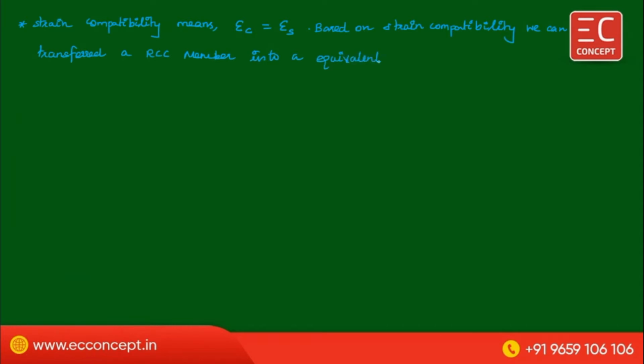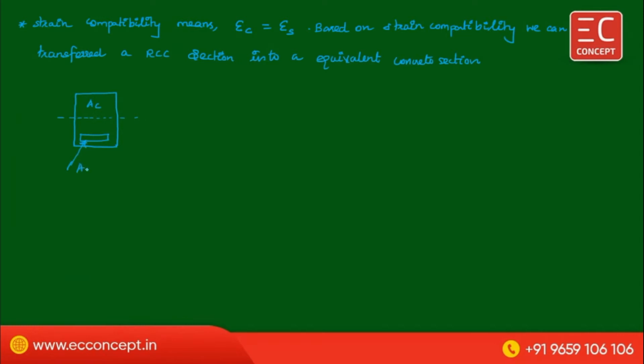For example, suppose there is a concrete element, this is the section, and this is the area of steel. Above the neutral axis, this is the area of the concrete, and below the neutral axis, this is the area of the steel.